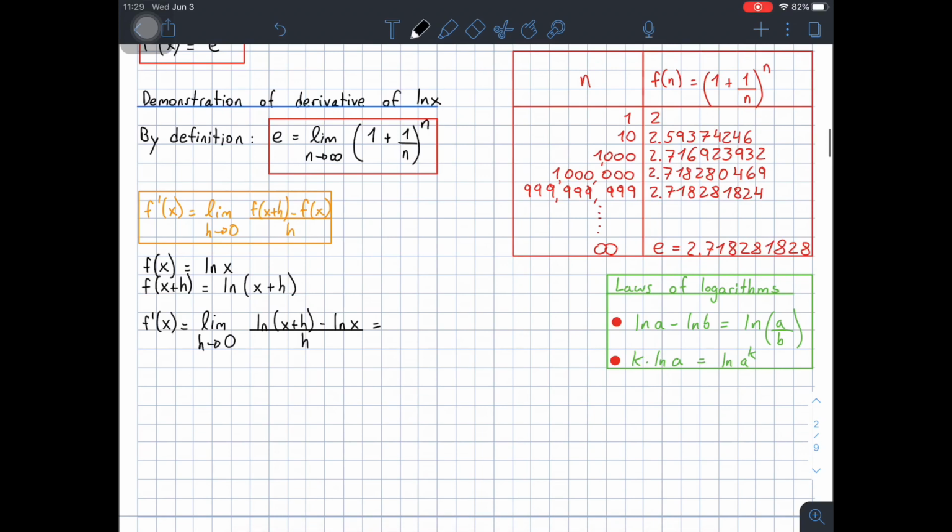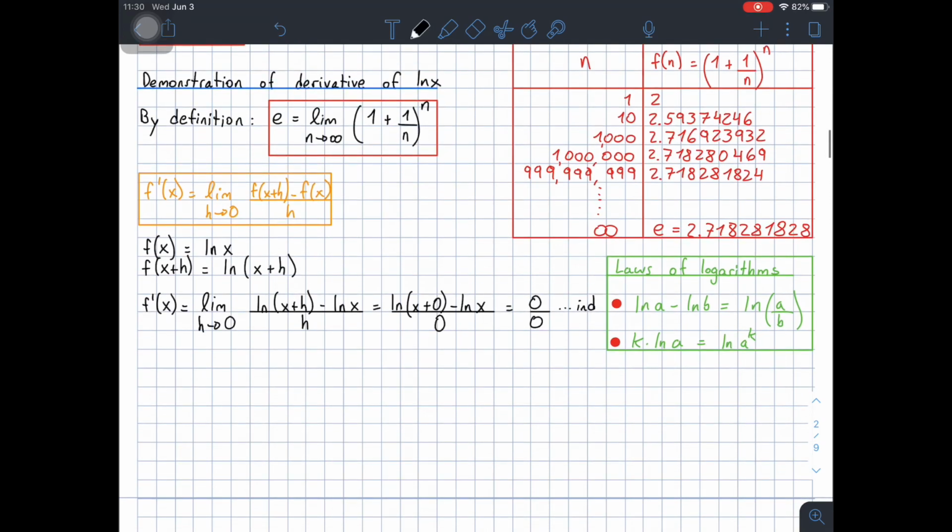Replacing the values, I get natural logarithm of x plus 0 minus natural logarithm of x, divided by 0. Natural logarithm of x plus 0 is the same as natural logarithm of x, so natural logarithm of x minus natural logarithm of x is equal to 0. So this is 0 divided by 0, which, as you know, is an indetermination, which we need to solve.